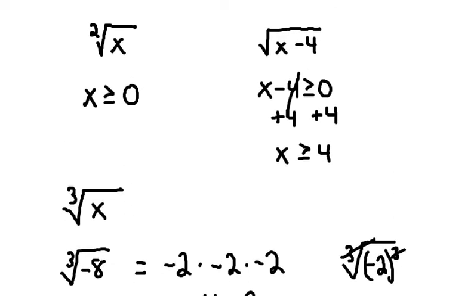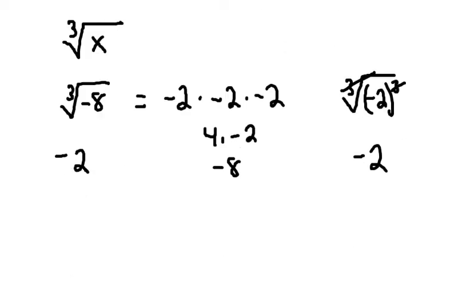So it's okay to have a cube root of a negative, but if you have a square root of a negative, let's think about the square root of negative 4. Since it's a square root, we need just 2 things to multiply together to get what's under the radical. If we have negative 2 times negative 2, that would give us a positive 4.